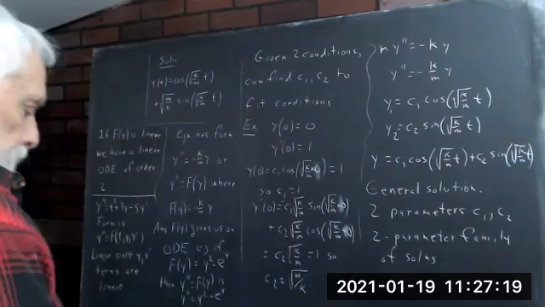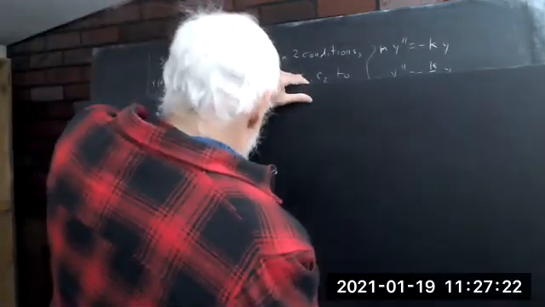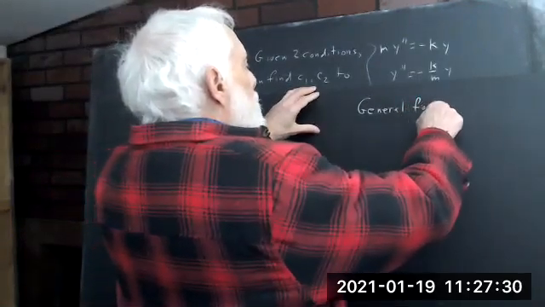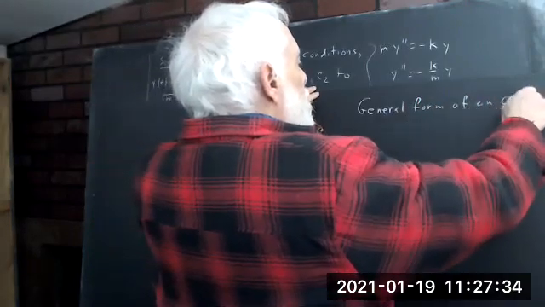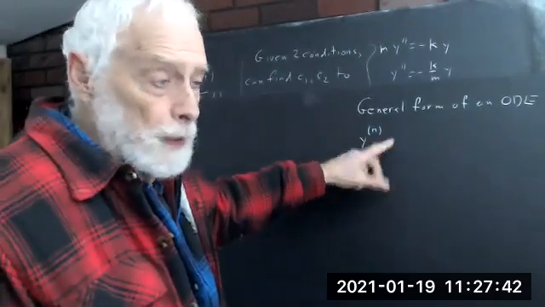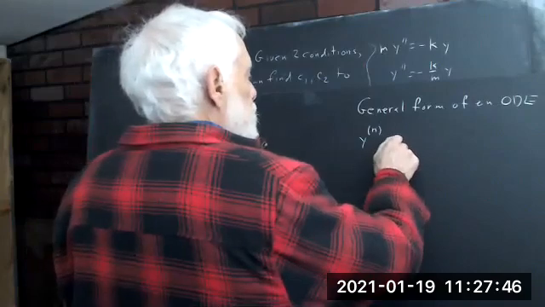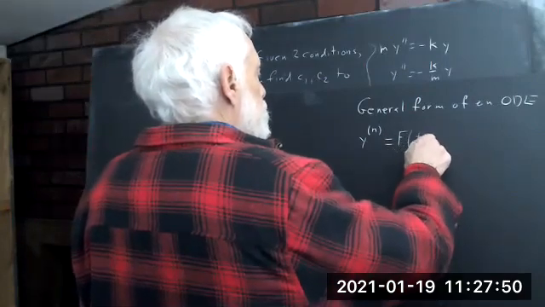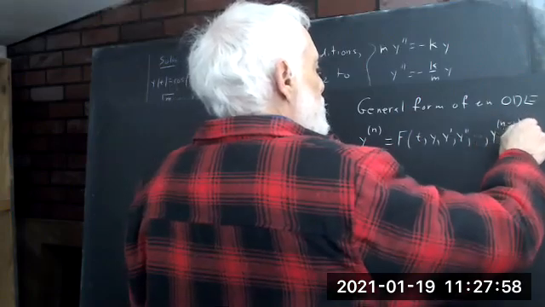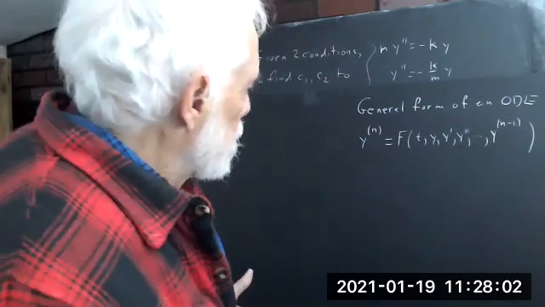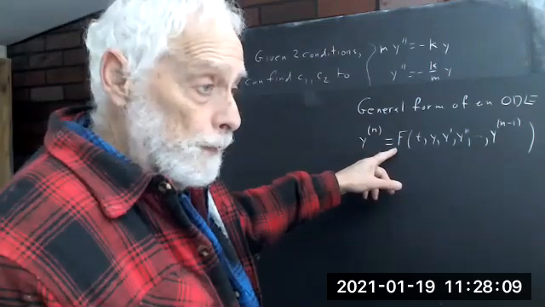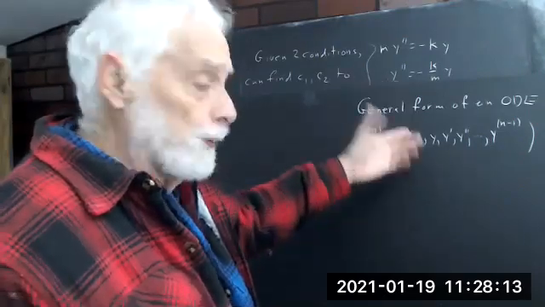Now, the general form is y, the nth derivative, whatever n is, equals this, where n is the highest derivative, and your function over here is a function of your variable, which in this case is t, since that's what I used before.